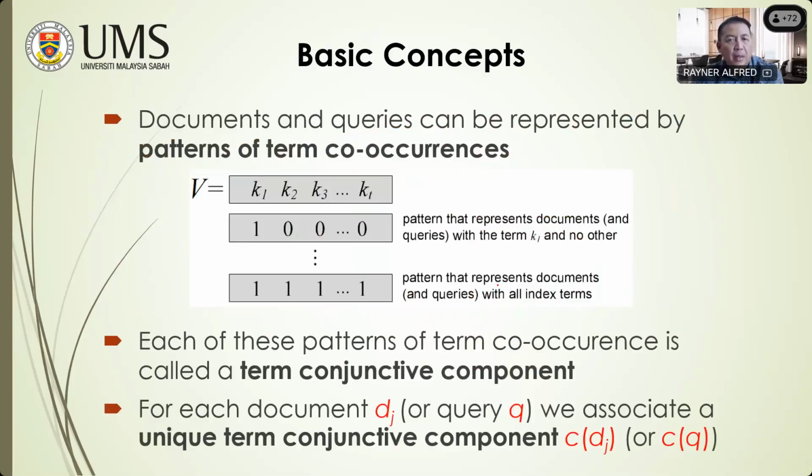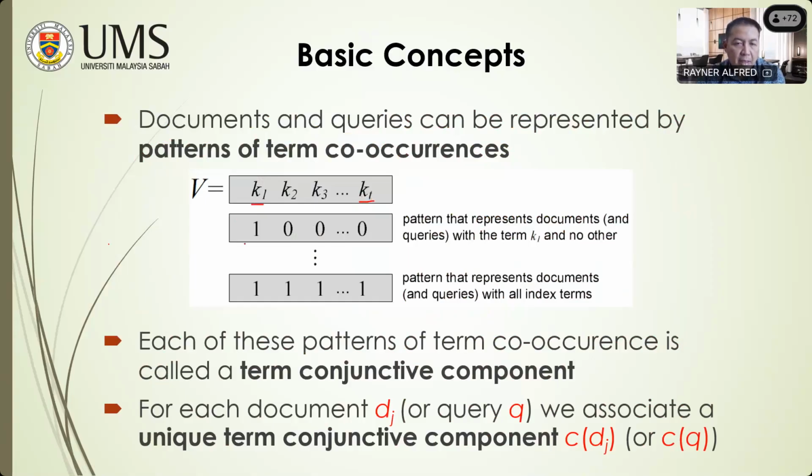Once we have that representation, for example here we have K1 up to KT, we can use the binary representation to show whether that keyword exists or does not exist in each of the documents that we have.